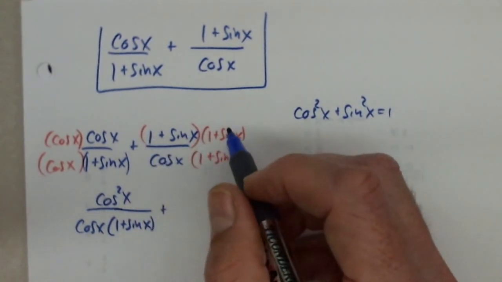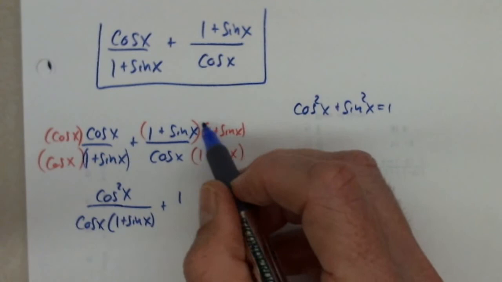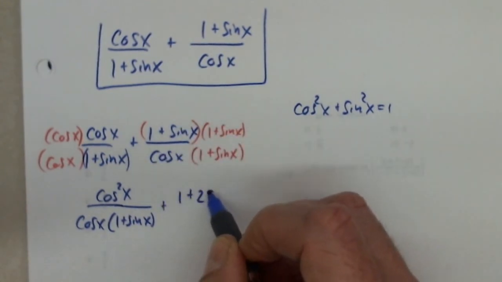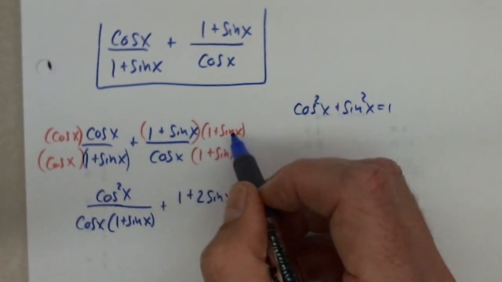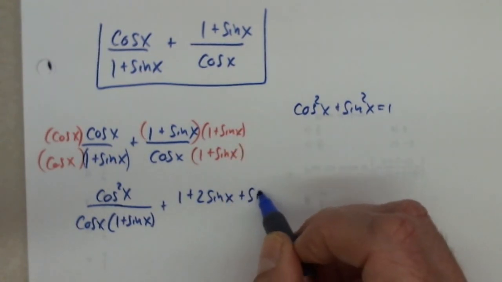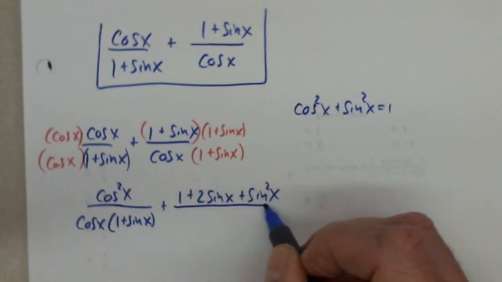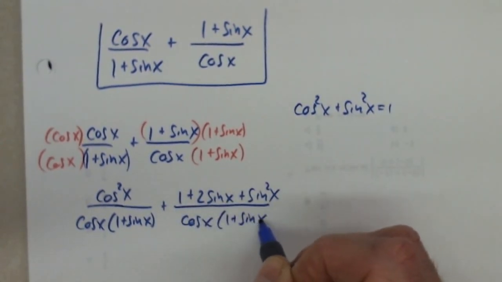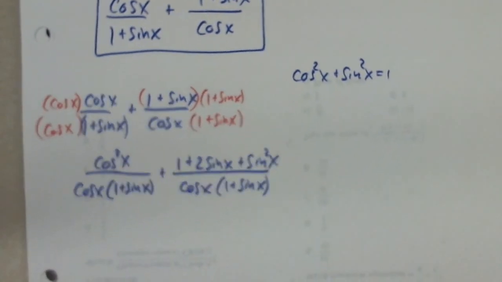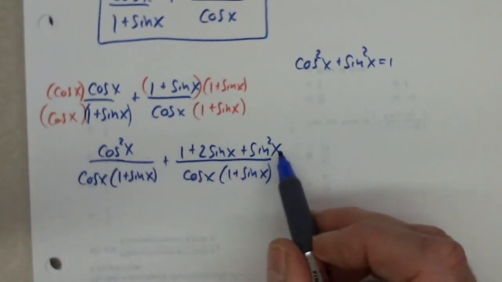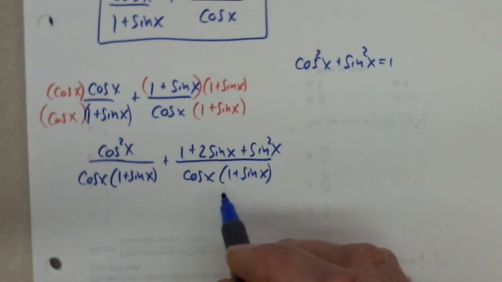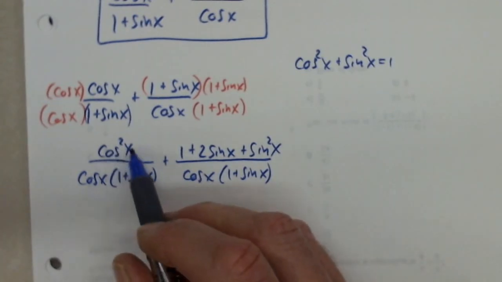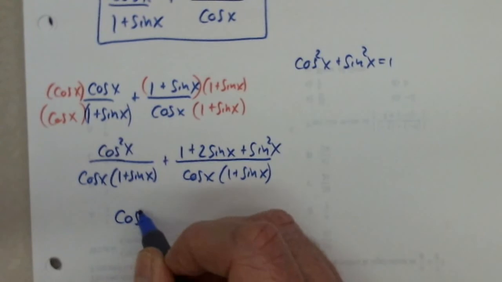Now we have to distribute all of this. It's going to be 1 times 1, sine plus sine, and sine squared. Now we're going to combine all this with one denominator, and we have cosine squared plus sine squared.